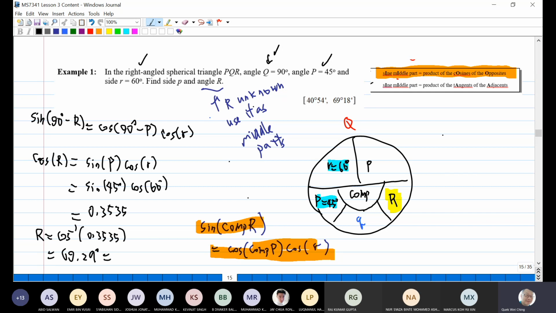Which to convert the minute there is actually 69.18, about 69.18. So this is how you get the answer. Okay, this is how you get the answer. 69.189 R, and use R for the yellow one. So this is R here.